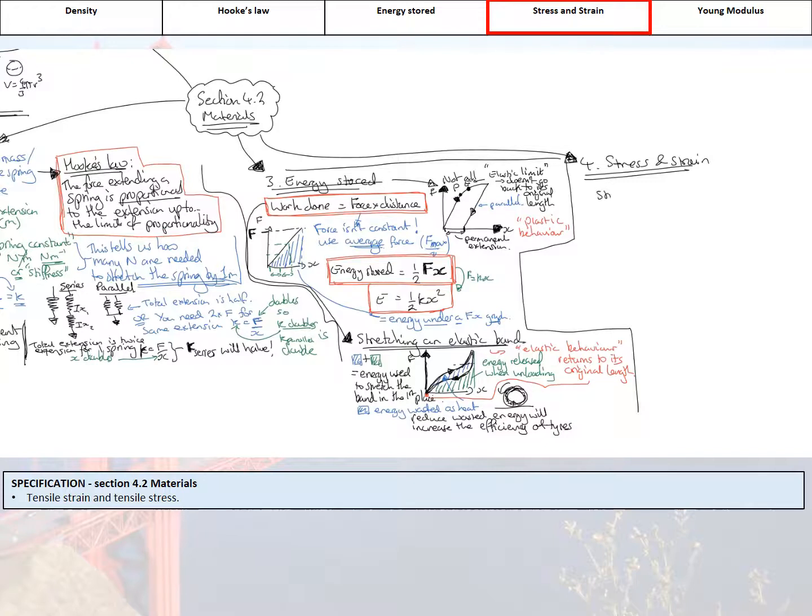So, stress, given the symbol sigma, which is the Greek letter S, lowercase sigma, stress is the force divided by the area. And strain, given the Greek letter epsilon, is the extension divided by the original length. These are important equations, so let's put some boxes around them.